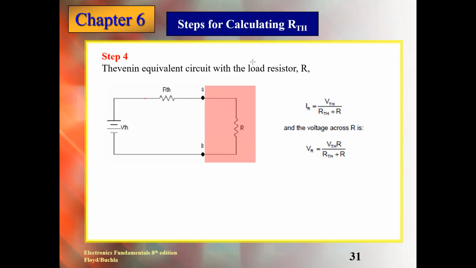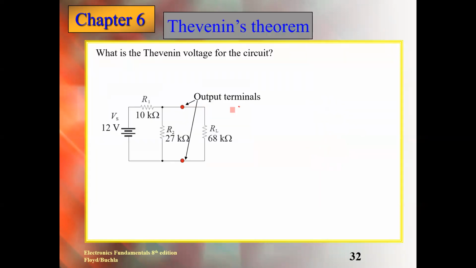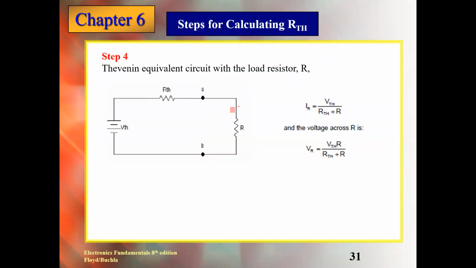Now if we are asked to calculate the current in this load resistance I, can you identify which type of circuit this is? Series. Yes, it is a series circuit.